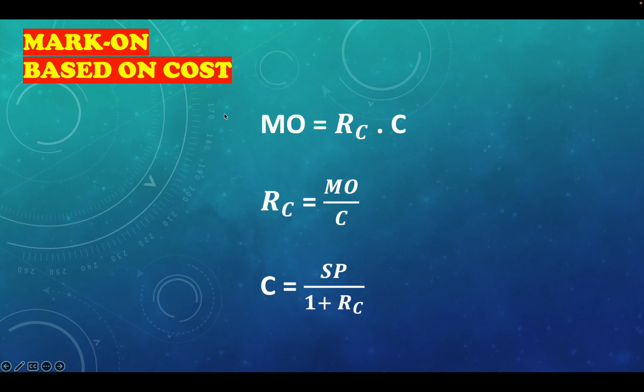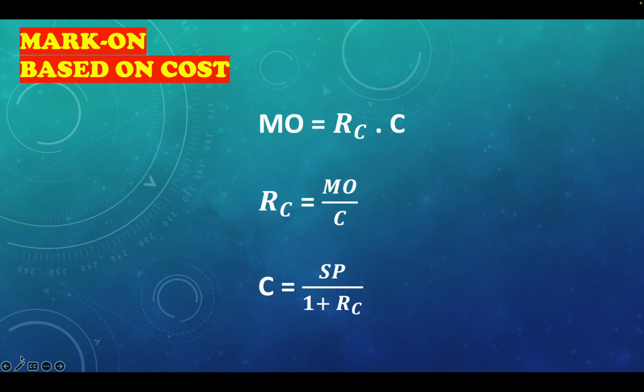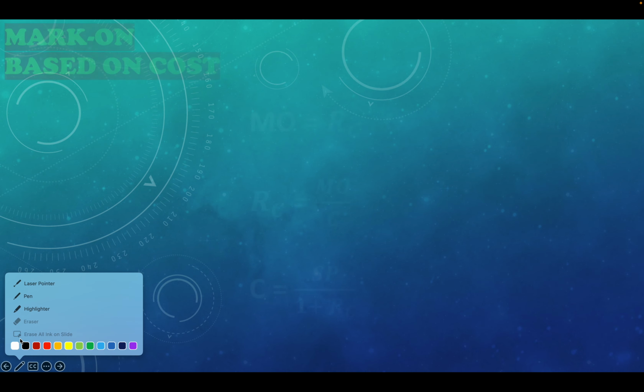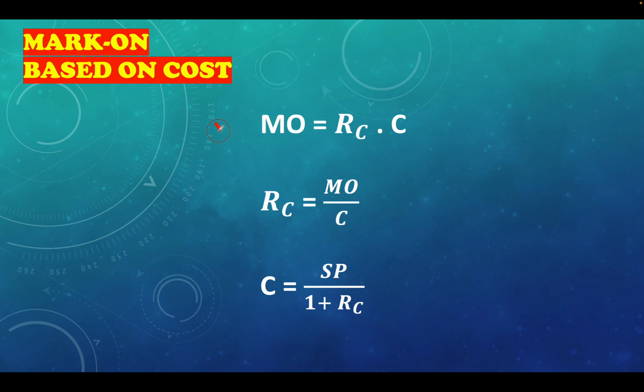Okay. So to get the mark-on based on cost, these are the formulas that we use. To get the mark-on, if the rate based on cost (RC) and the cost are given, we simply use this formula. If we're looking for the rate based on cost, while the mark-on and the cost are given, we use this formula.